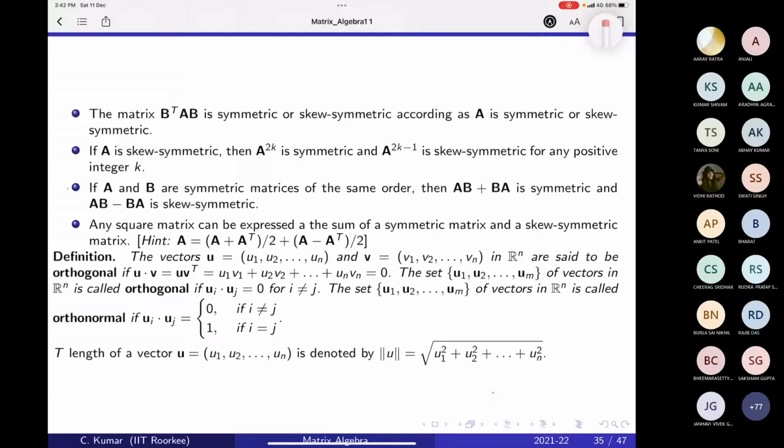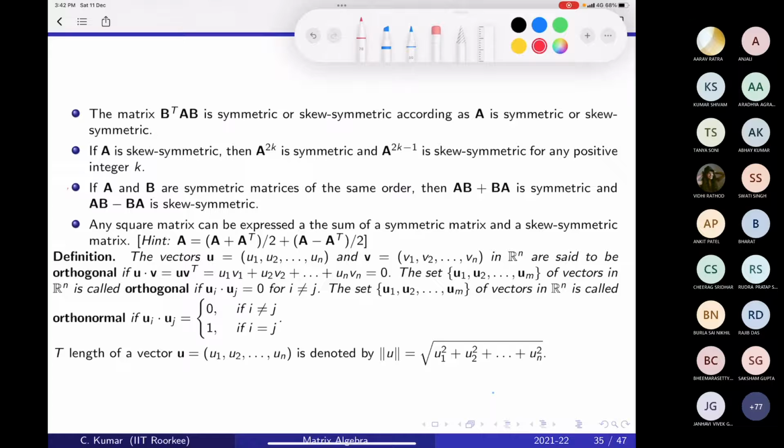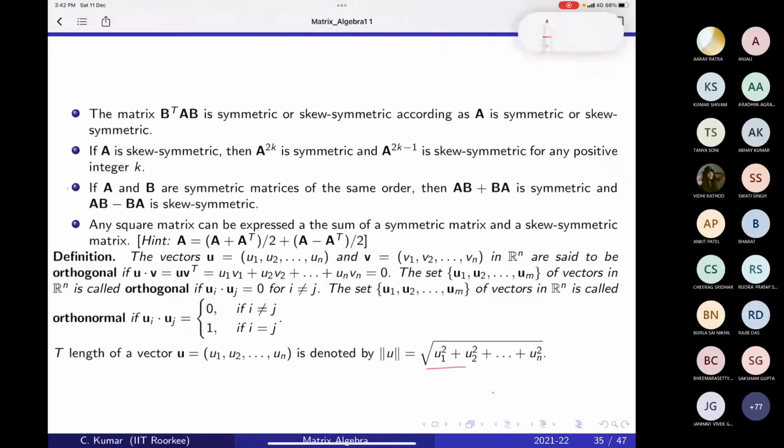Okay. The length of the vector is denoted by the square root of u1 squared plus u2 squared, so on to un squared. The notation for the length is this. If you learn higher mathematics, then this is known as the norm of u, the Euclidean norm of u. So for the time being, you just consider this as the length of the vector.